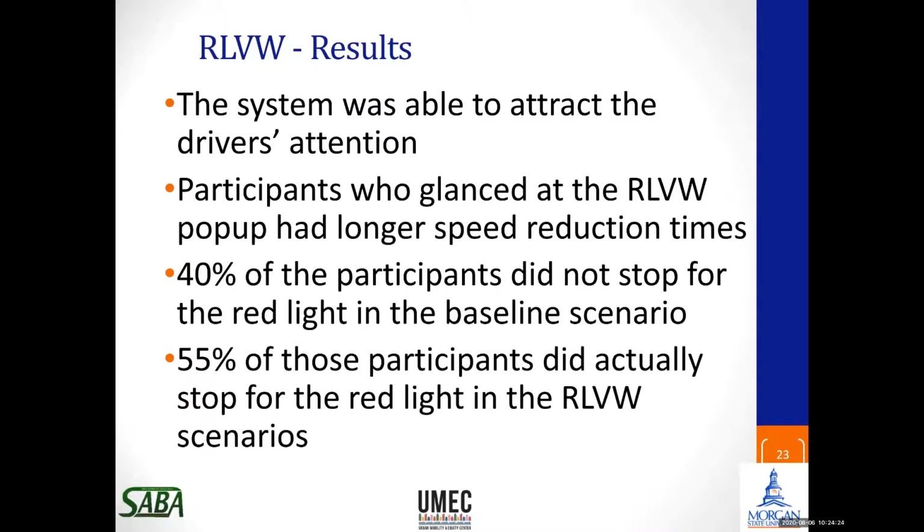So what we concluded from the red light violation warning is that the system was able to attract drivers' attention. Participants who glanced at the pop-up had longer speed reduction time, and 40% of the participants did not stop for the red light in the baseline. 55% of those 40% did actually stop for the red light in the warning scenario.